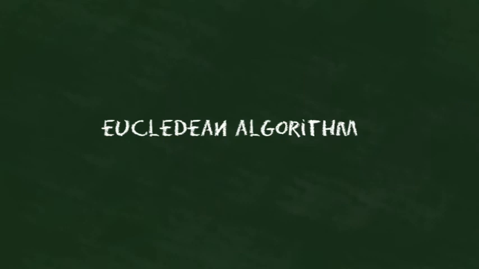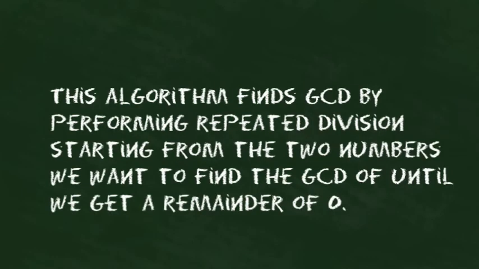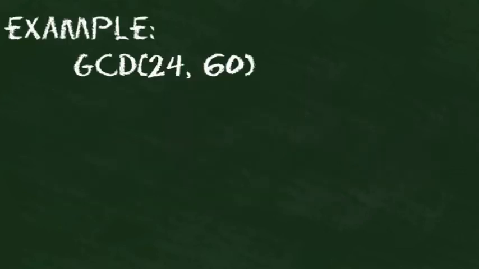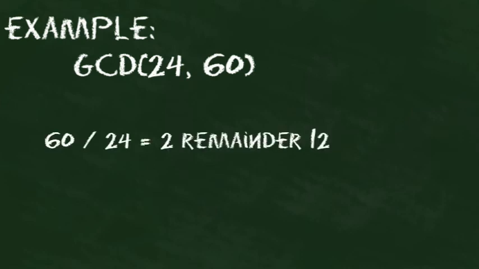Euclidean algorithm. This algorithm finds the GCD by performing repeated division, starting from the two numbers we want to find the GCD of, until we get a remainder of 0. For our example, 24 and 60, below are the steps to find the GCD using Euclid's algorithm. Divide the larger number by the smaller one.